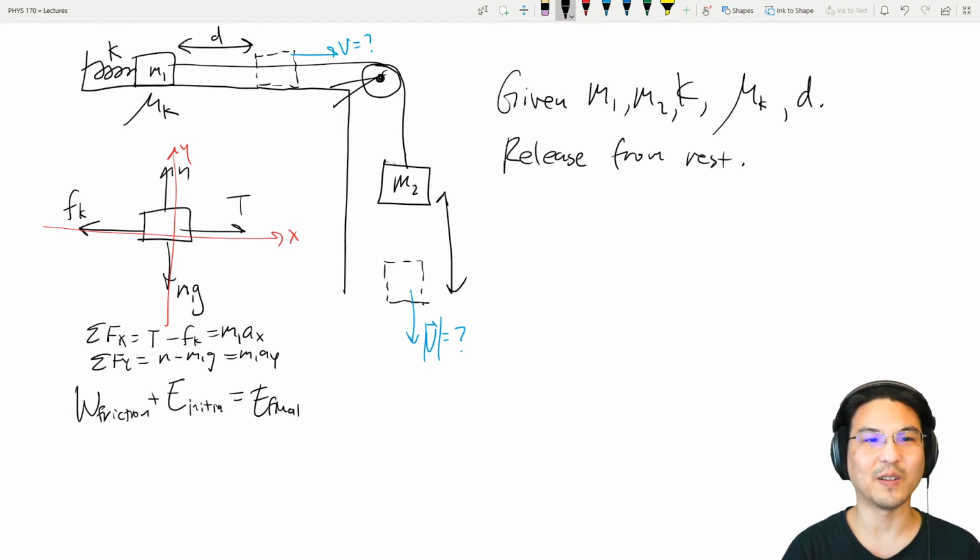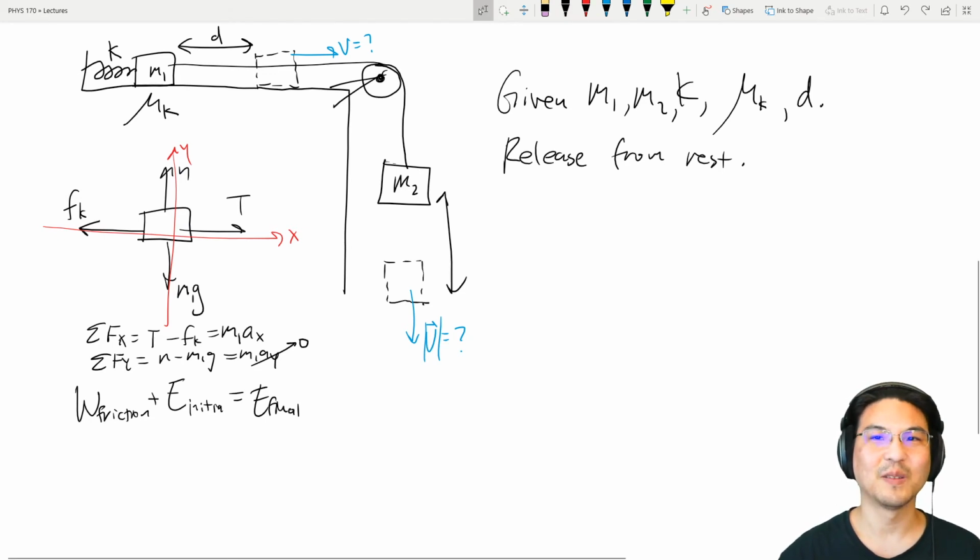There's no motion at all vertically in the y direction, so there's definitely no acceleration. So that means n minus m1g equals 0, or n equals m1g. And we know that friction is mu times n.